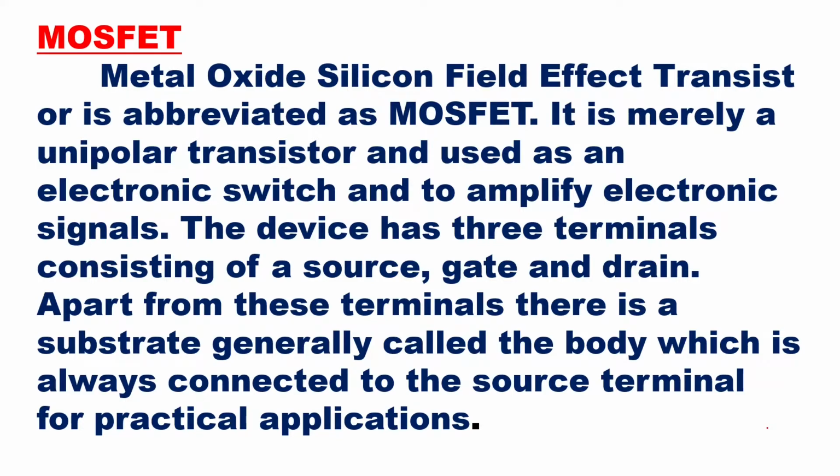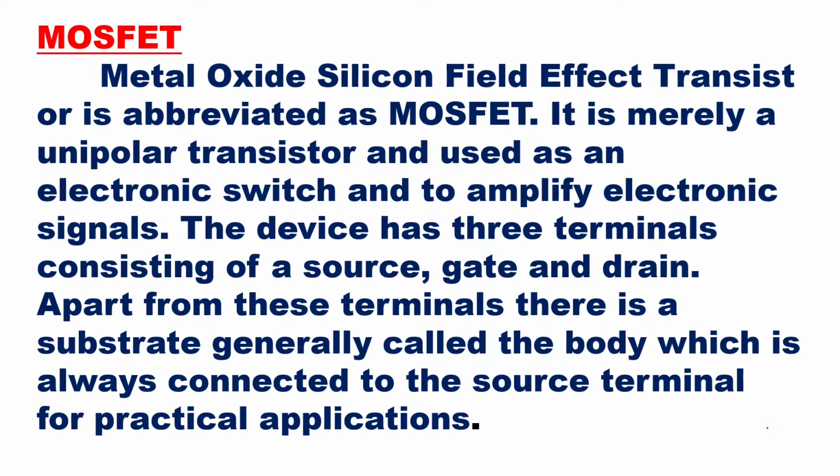In semiconductors we study two types of charge carrier: electrons, the negative charge carriers, and holes, the positive charge carriers. So in MOSFET you will have unipolar conduction, meaning only one, either electrons or holes, constitutes the flow of current.